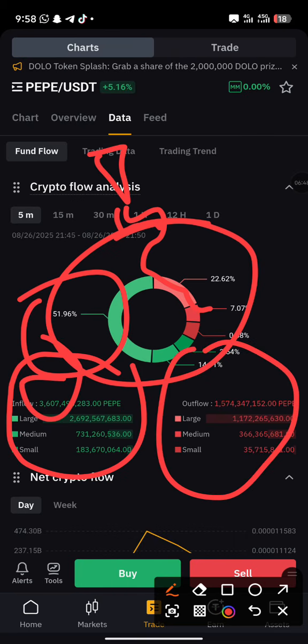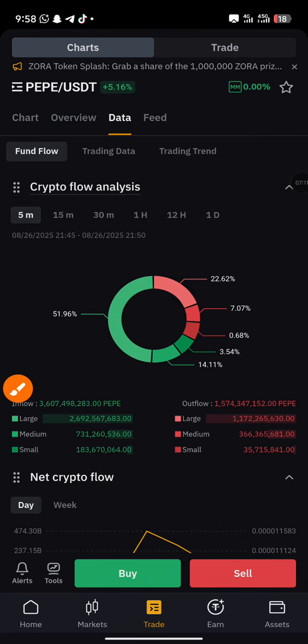And looking at the number of people that are selling this coin out, they are just over 1.5 billion. So you can see that the inflow outweighs the outflow by 2. So this is a good time for you to invest in this particular coin.